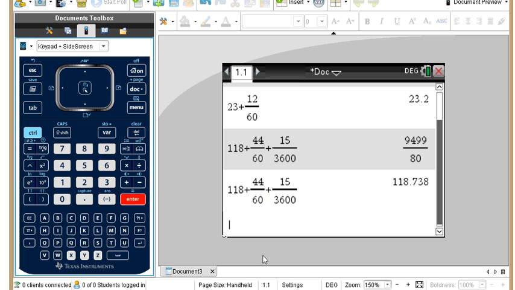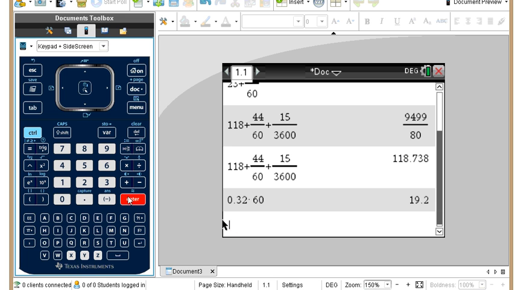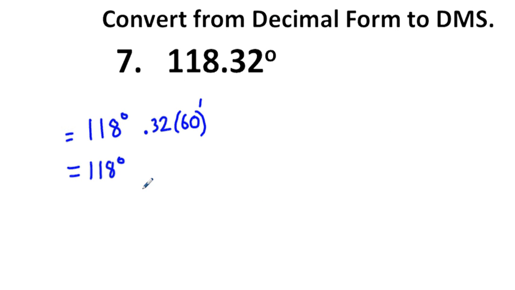So going to a calculator, 0.32 times 60, we get 19.2. So this is going to be 19.2 minutes. So we have this 0.2 left over.